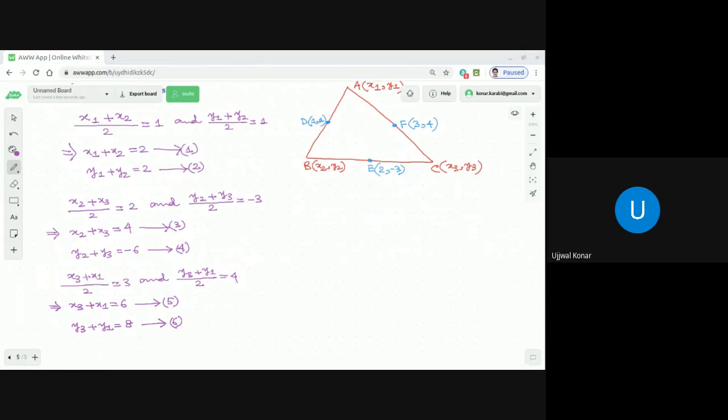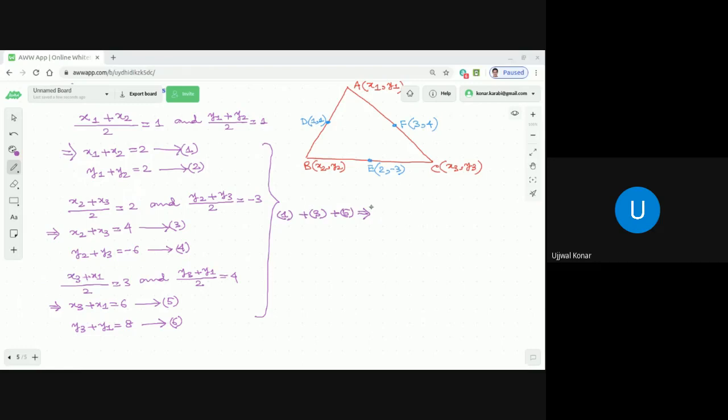x3 plus x1 is 6, and y3 plus y1 is equal to 8. Now, what we are going to do is add equations 1, 3 and 5 on both sides. So equation number 1 plus equation number 3 plus equation number 5 on both sides gives x1 plus x2 plus x2 plus x3 plus x3 plus x1.